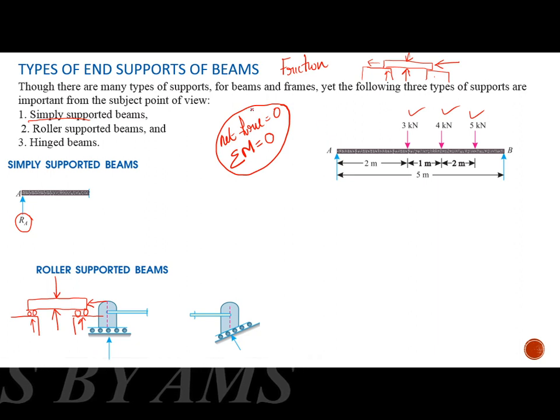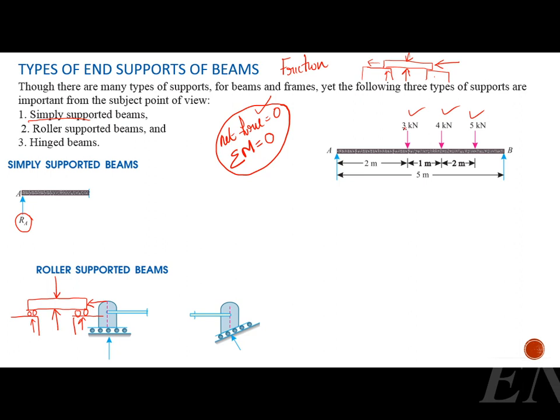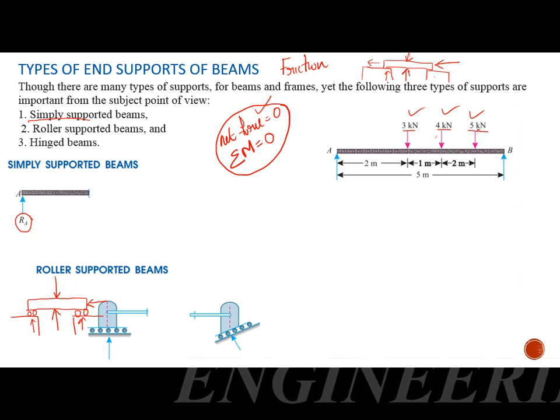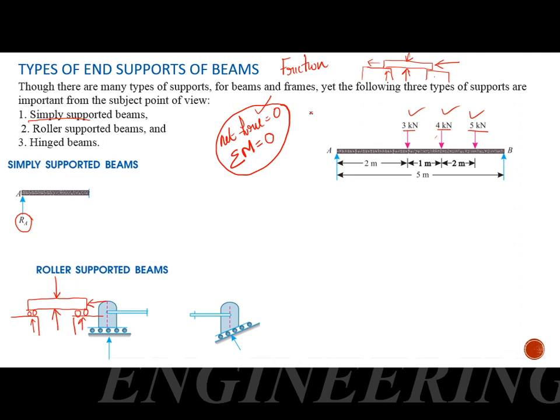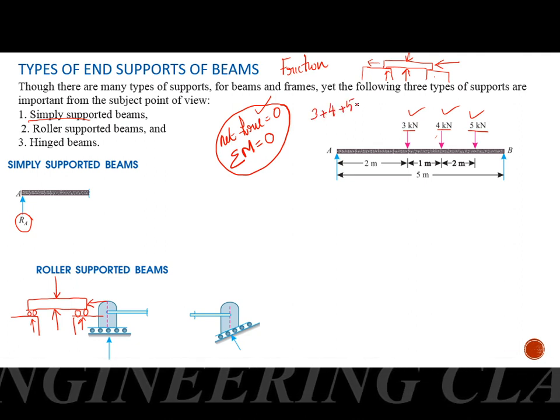So we will be applying the first condition. The net force on the system is 0. So we will be calculating the force. First one, 3 kilonewton in the downward direction, 4 kilonewton downward, 5 kilonewton downward. So we have three forces, 3 plus 4 plus 5.